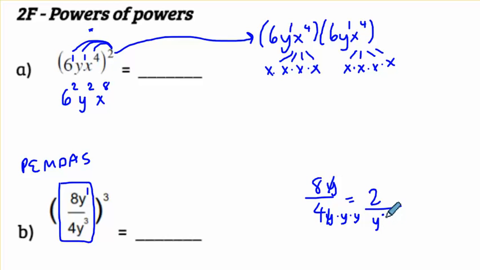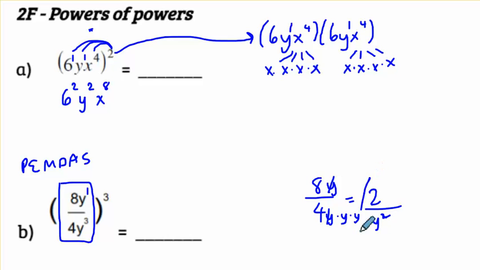And that would go on the bottom. But you could have also said, oh, I remember that when dividing, I just need to subtract the exponents, and it stays wherever the bigger one is. So I'm going to subtract 3 and 1, I get 2, and it's going to wind up on the bottom because that's where the bigger exponent is. So y squared, that's a little 2, is on the bottom.